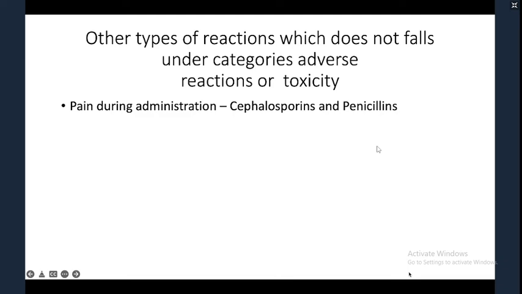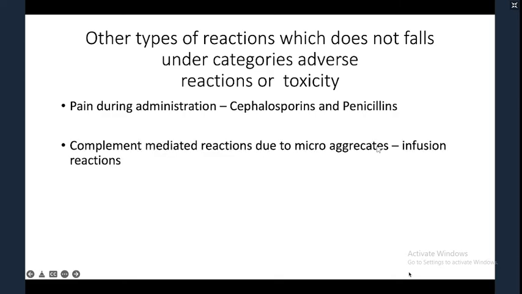That is not due to an adverse event or toxicity. It is due to osmotic active sensitive receptors in the venous system which get stimulated when a high concentration of cephalosporins or penicillins is given through a peripheral line. Therefore, it is very important to consider giving certain antibiotics into a larger vein.